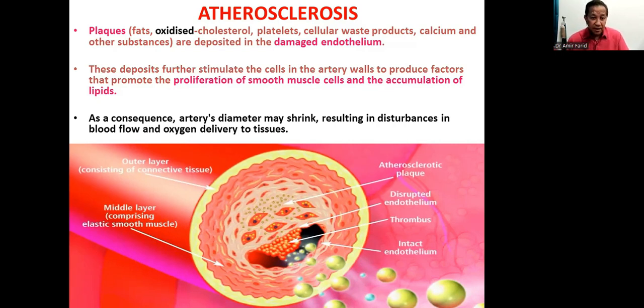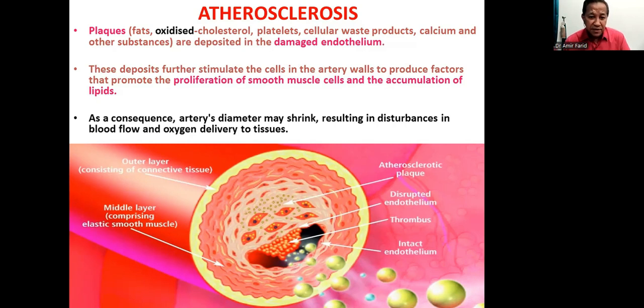So atherosclerosis is having plaques, which is made of fats and oxidized cholesterol, platelets, cellular waste products, calcium and other metals and other substances deposited in the damaged endothelium. All right, so it starts with damaged endothelium, and then all these things start to accumulate behind it.